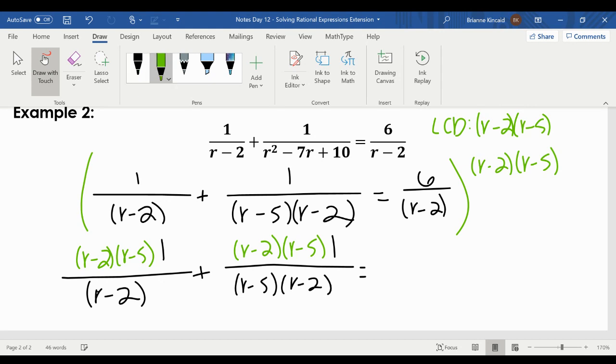And then in the last one, r minus 2 times r minus 5 times 6 all over r minus 2.